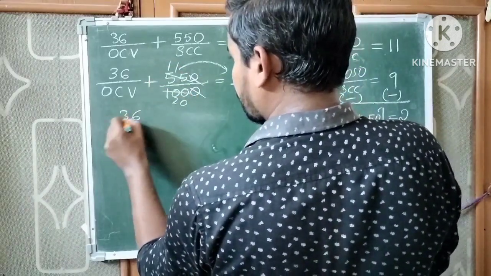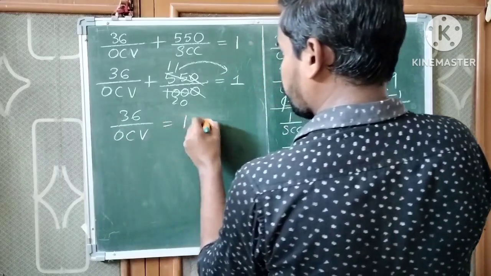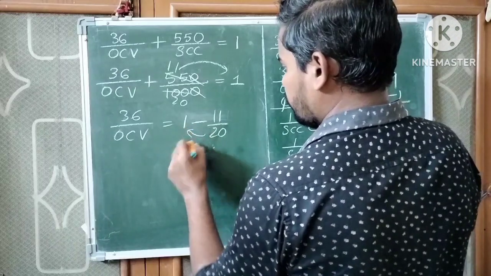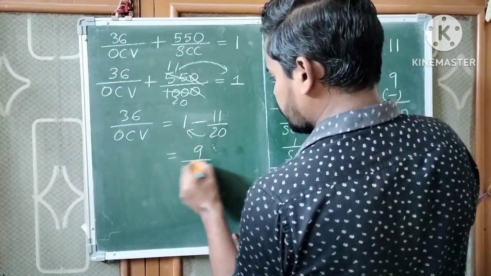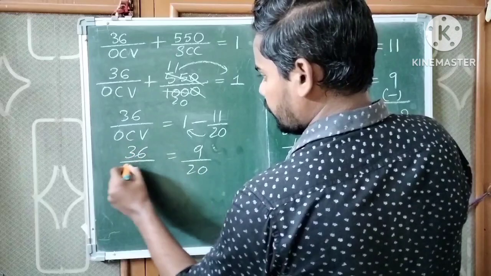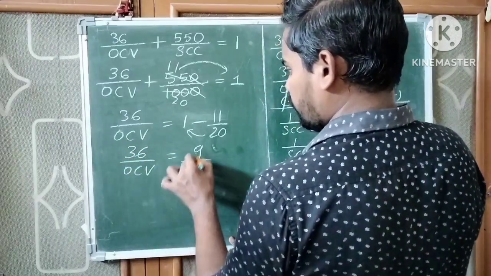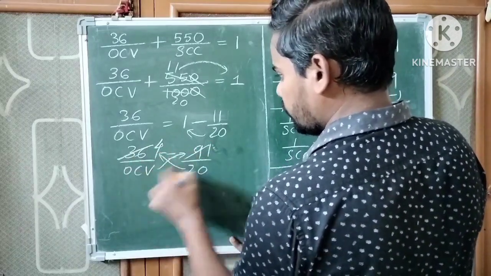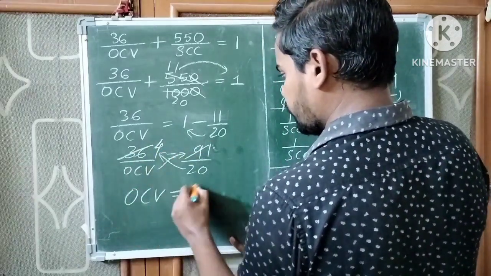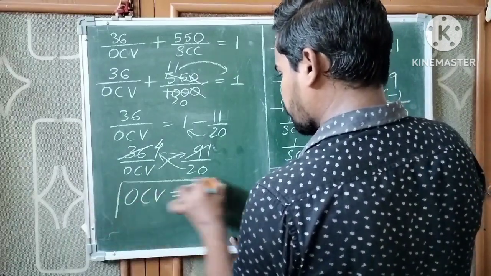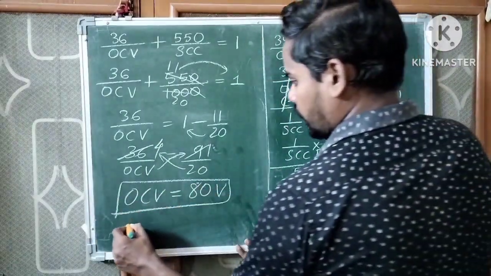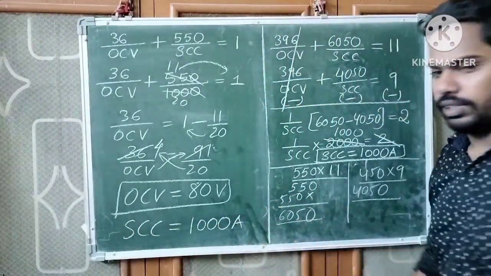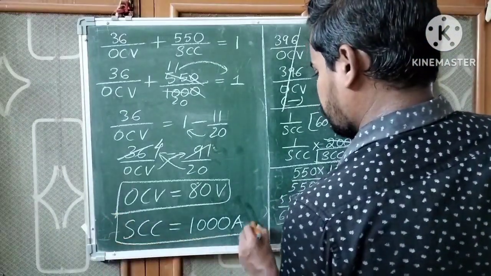Transpose 11 by 20: 11 by 20 becomes negative, so 36 by OCV is equal to 1 minus 11 by 20. 20 minus 11 is 9, so 9 by 20. Now 9 ones and 9 fours. Apply cross multiplication: OCV into 1, OCV is equal to 4 20s, which is 80. Therefore the open circuit voltage is 80 volts and the short circuit current is 1000 amperes. So these two are the final answers.